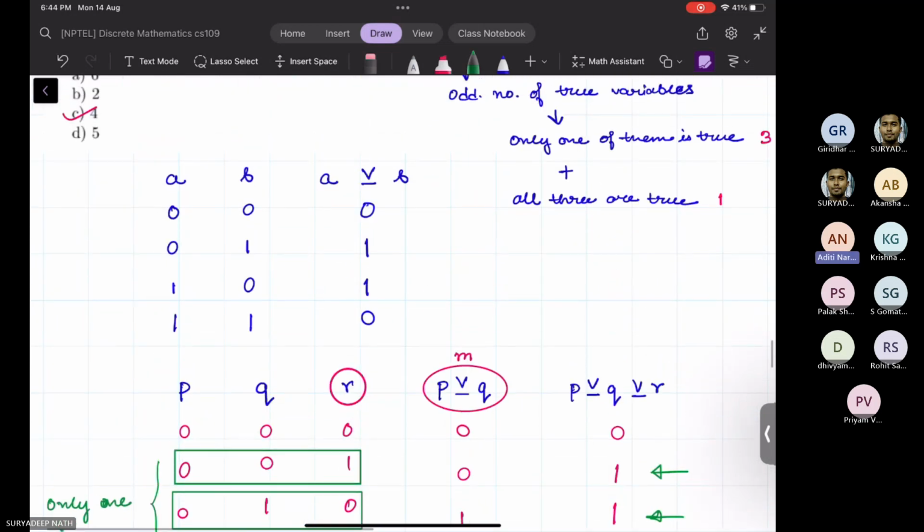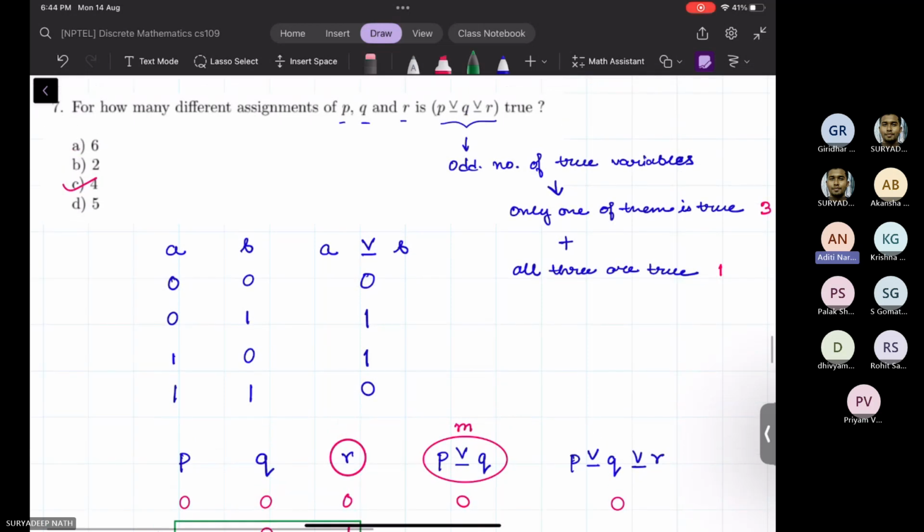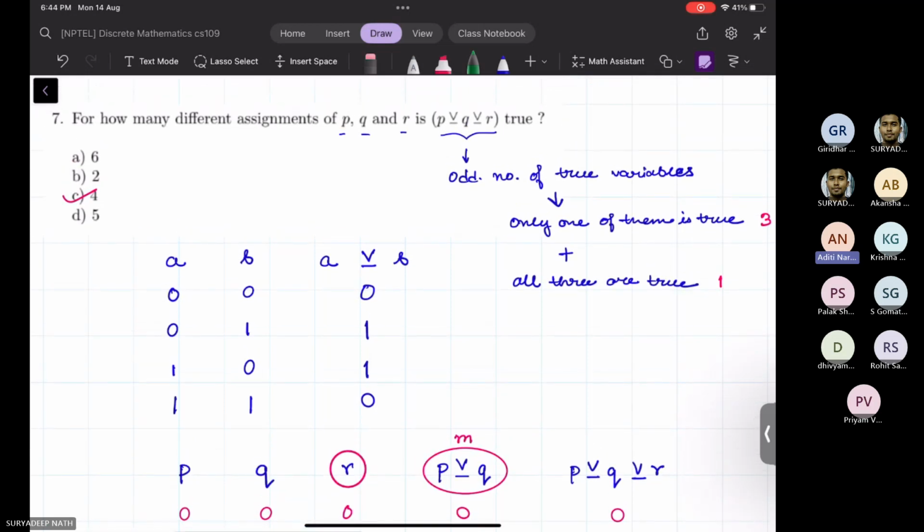So a formula in the chat, 2 multiplied by n plus 1 or minus 1. Sir, is this formula valid everywhere? Which one? Can you say again? Yes, sir. Somebody has mentioned the formula in the chat that it is 2 multiplied by n minus 1, where n equals the number of variables. Wait, I can't see the chat comment somehow. Can you just type it again? Yes, sir.